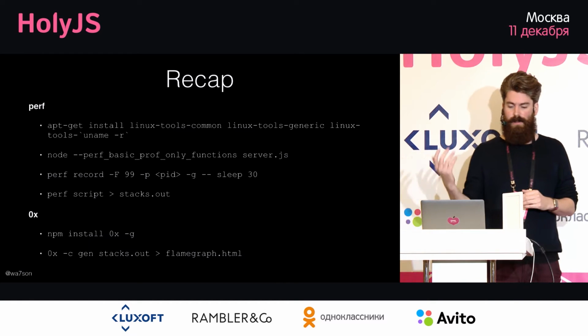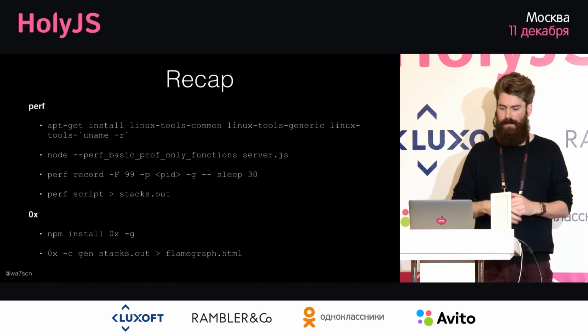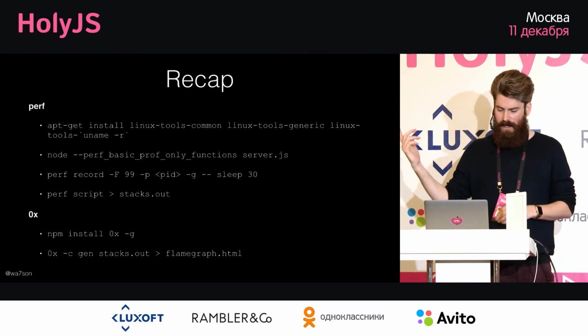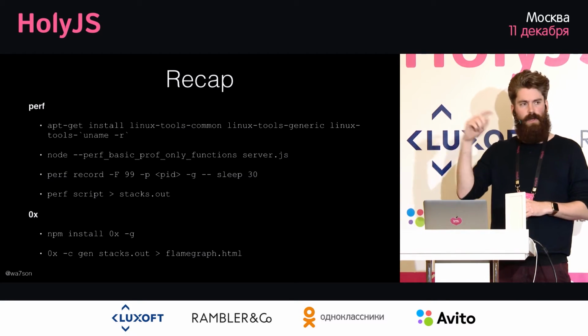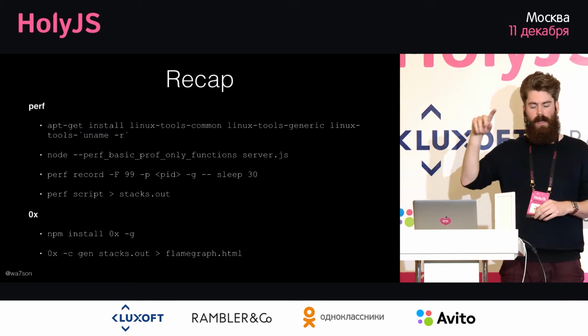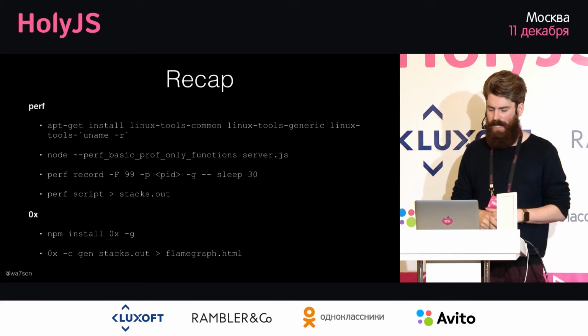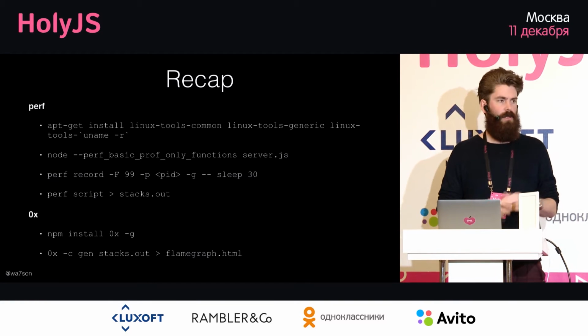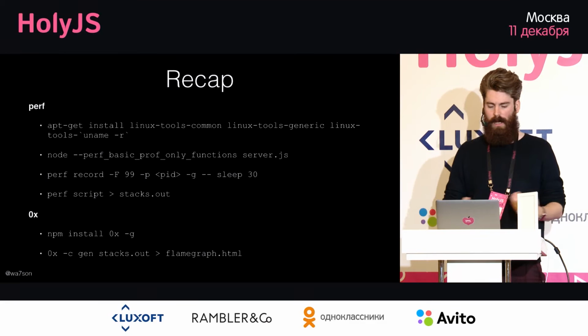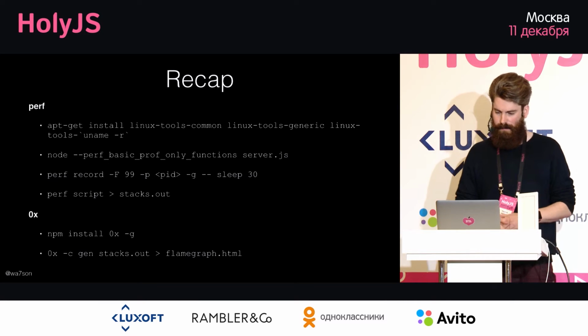Then you need to record using perf to the perf.data file. And the thing you didn't see before was that you then run perf script and redirect that output to a file that you can then take down to your development machine, and then you can use 0x or any of the other tools on that to generate the flame graph.